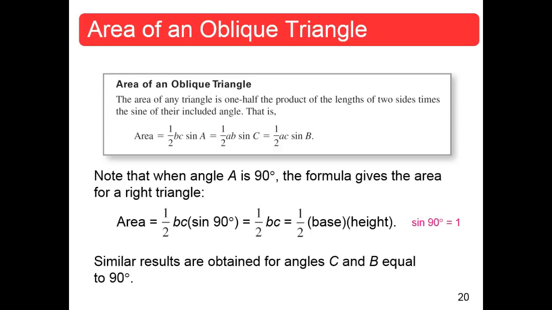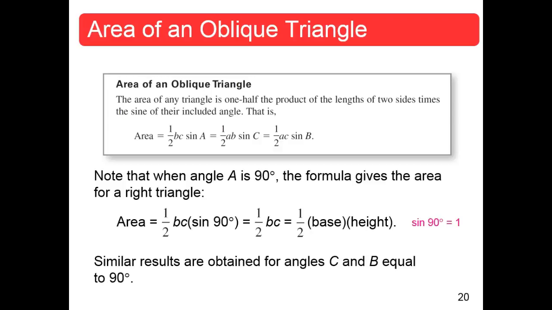Note that when the angle A is 90 degrees, what's sine of 90? 1. That would be 1/2 the base times, see, 90 degrees, that is the height. So you have the same formula again, because the sine of 90 is 1.